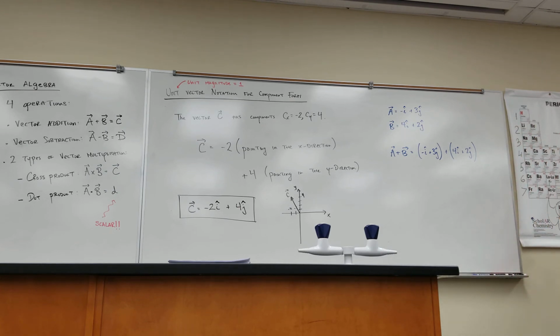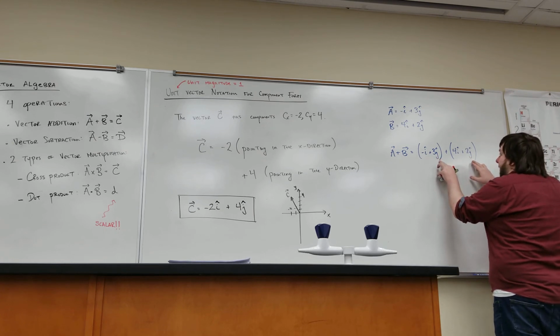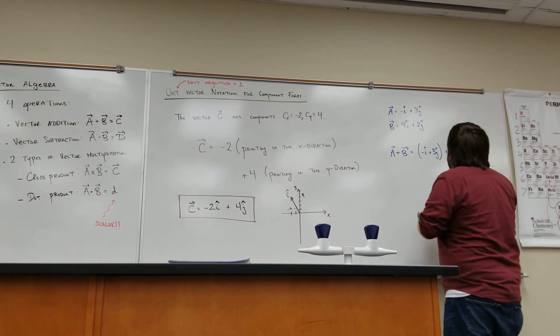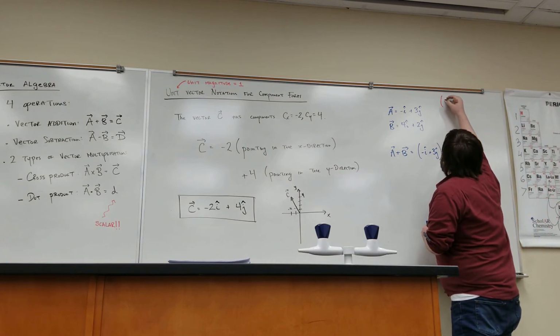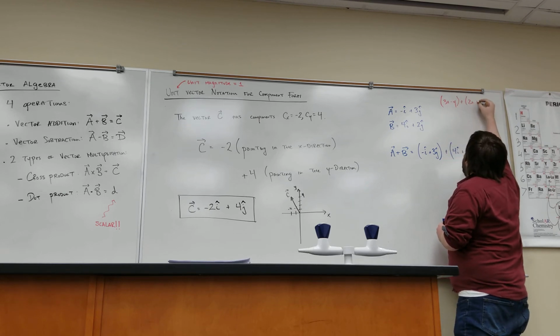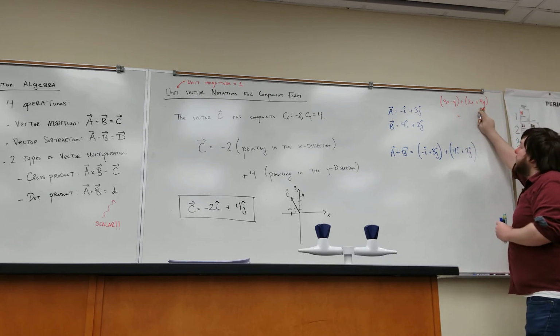Okay? All you have to do now is group like terms. You should think about the I hats and the j hats as independent variables that cannot be mixed. From regular algebra, if I told you 3x minus y plus 2x plus 4y, how would you simplify this expression?